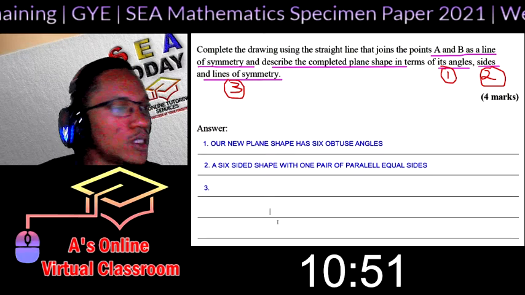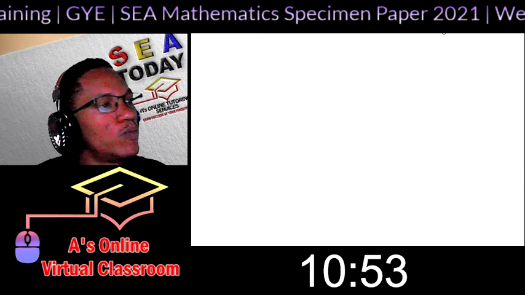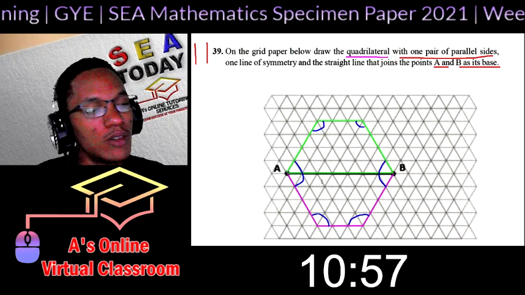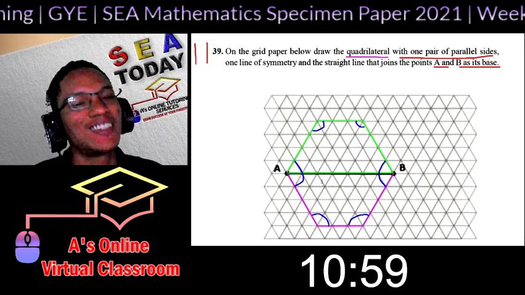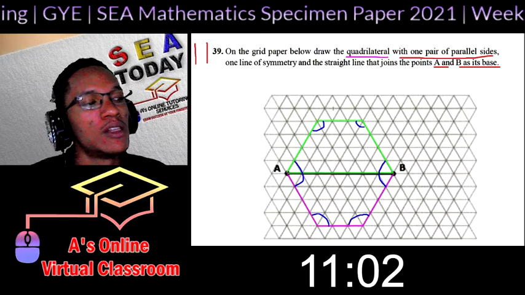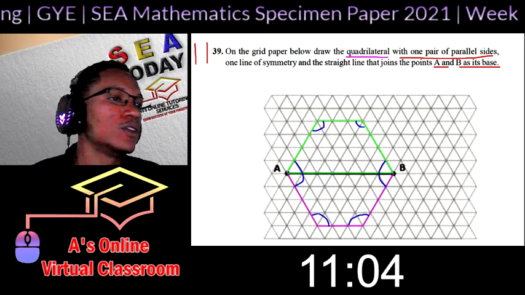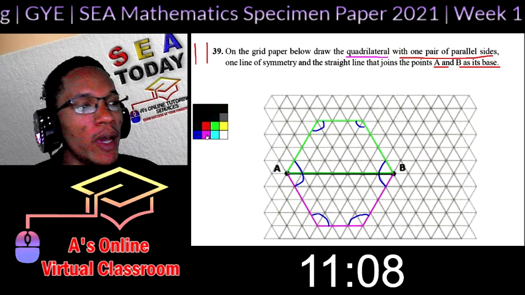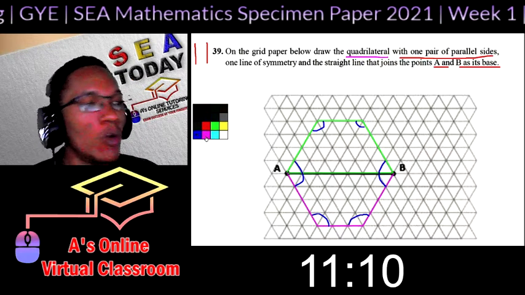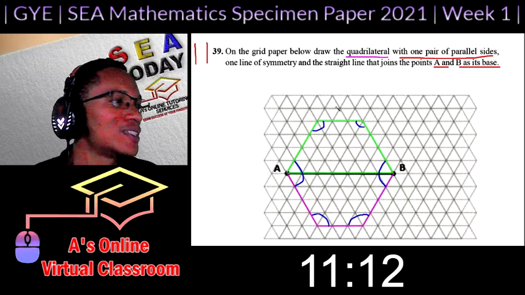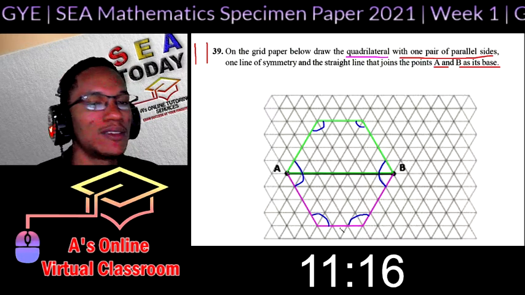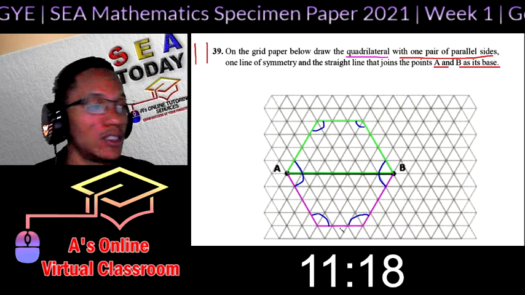So what I will say now is that a regular hexagon has more lines of symmetry than the amount I'm about to draw, but this hexagon is not regular. Why? Because its sides are not all the same length.